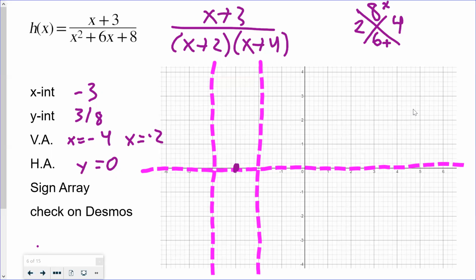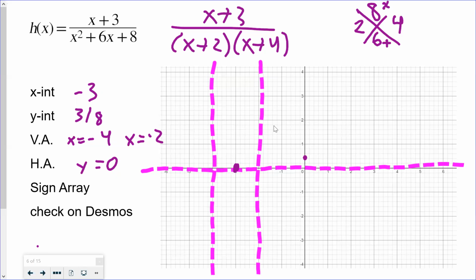Now, what I do have though is we've already plugged in a point. We plugged in 0. And when we plugged in 0, what did we get? 3/8, which is like 0.375, right? Thank you. That's right about here. Now, that helps us because on the right side, we didn't know if we would graph above or below.